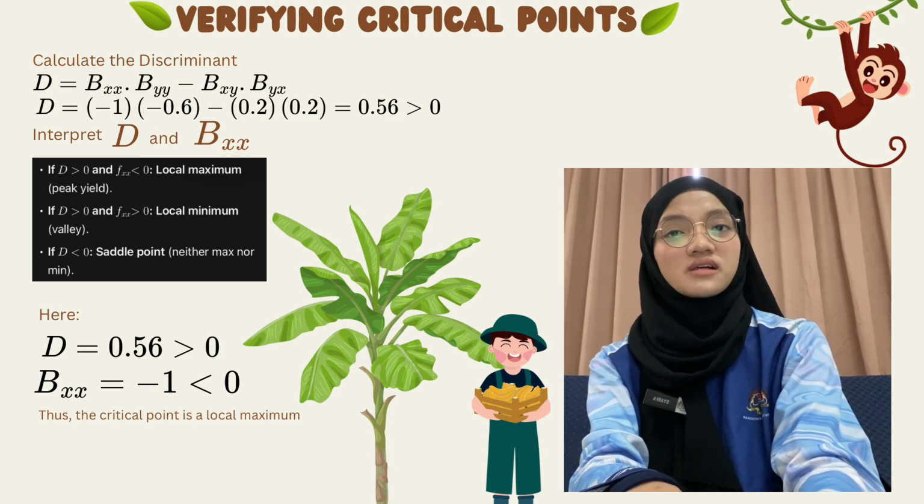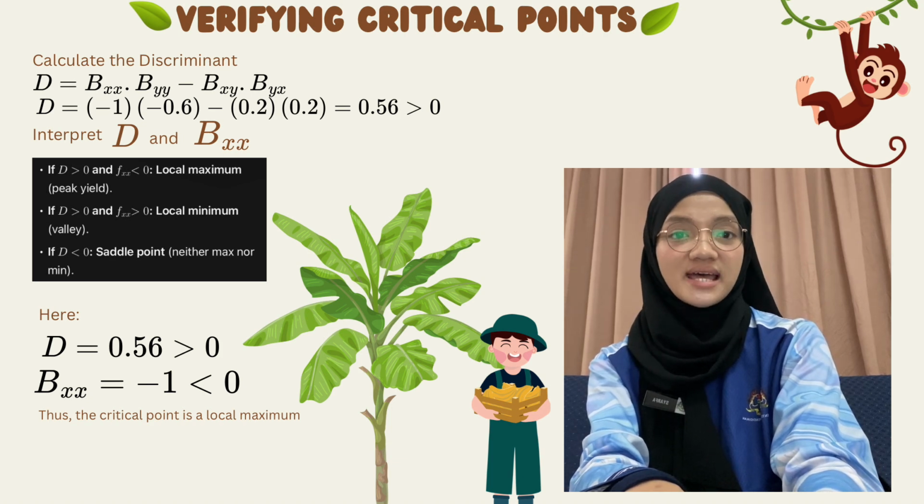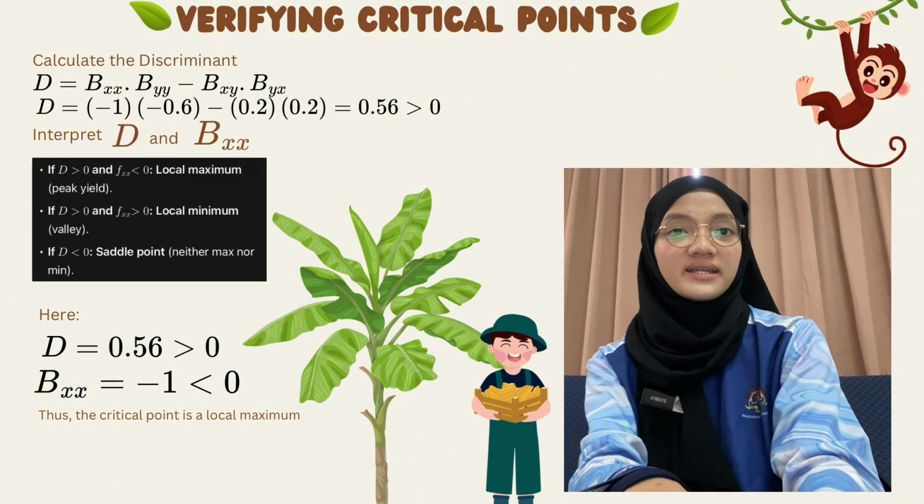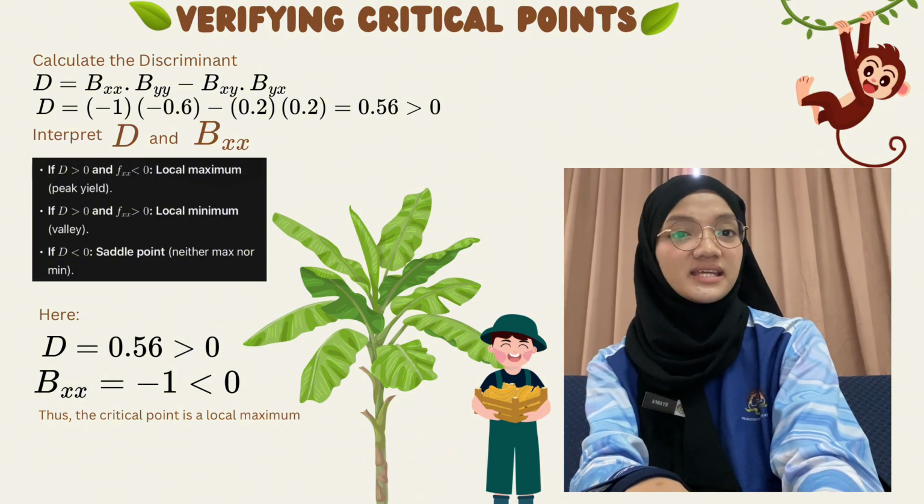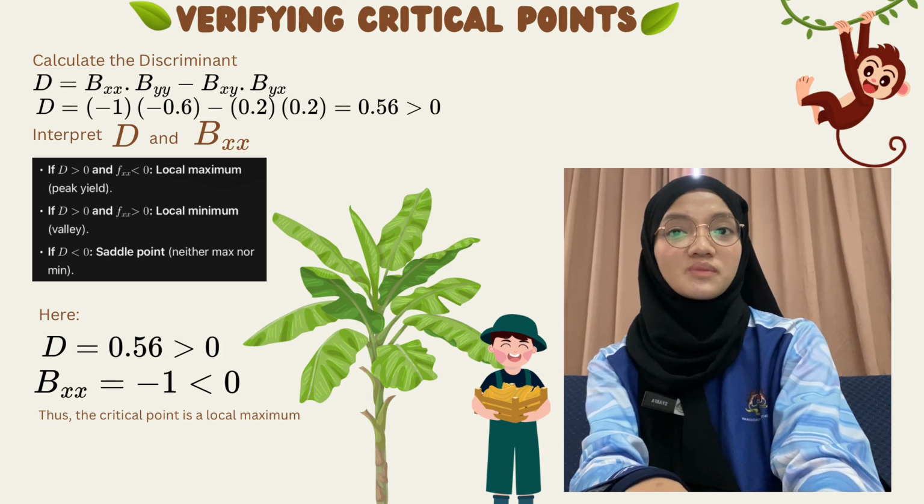So, for our result and our verification, D is equal to 0.56, which is more than 0, and our B sub xx is -1, which is less than 0. So, this gives us proof that 67.86, 89.29 is indeed the optimal point for the maximum yield.